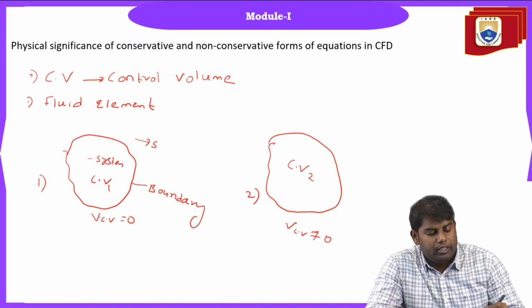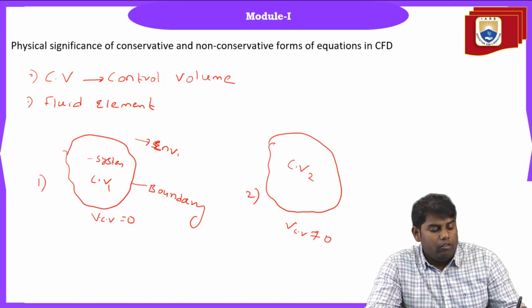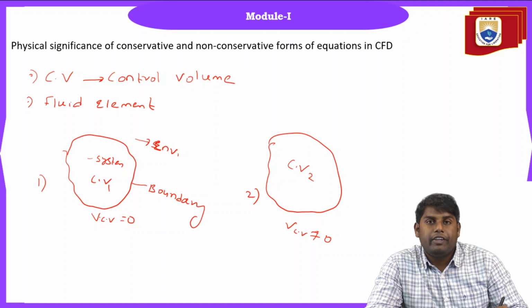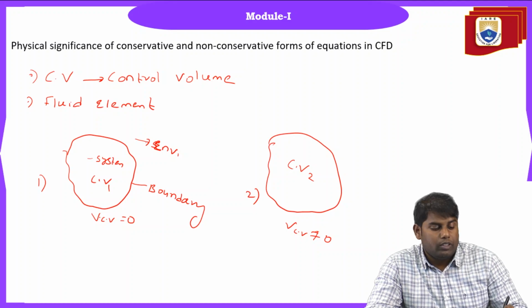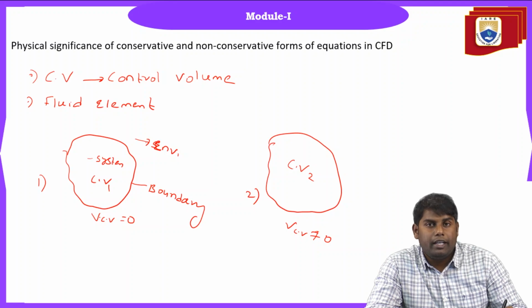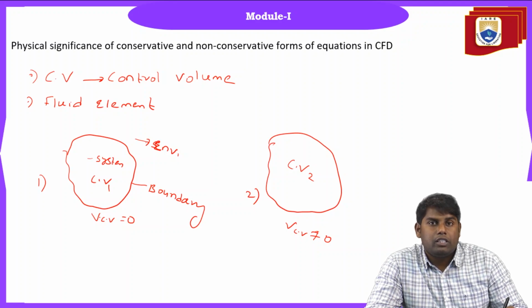Or let's say environment, the external environment, we can say. The boundary is the phase which is differentiating the environment from the system. System is nothing but the entity where there is change in fluid flow properties.